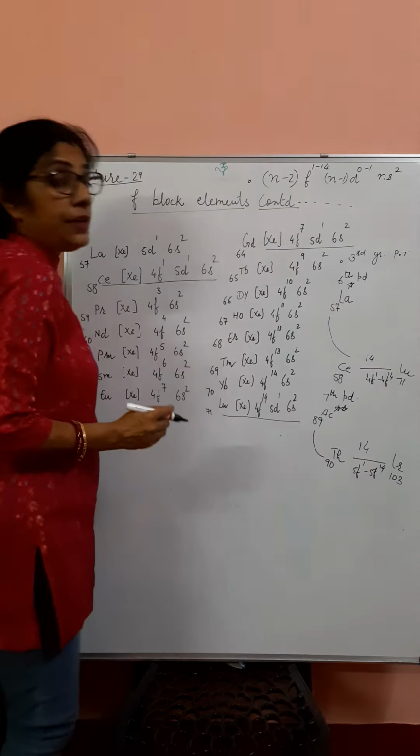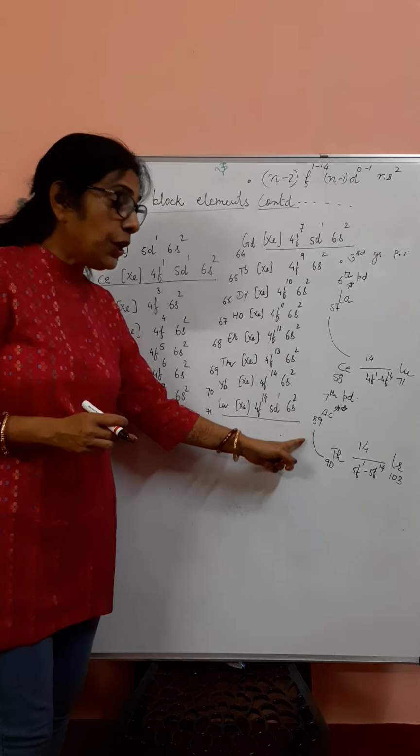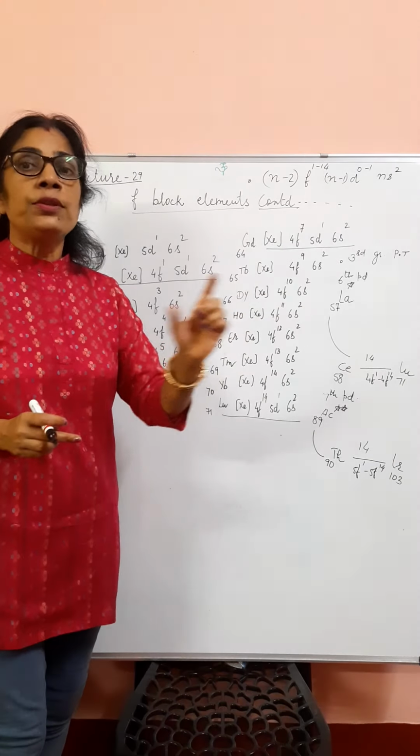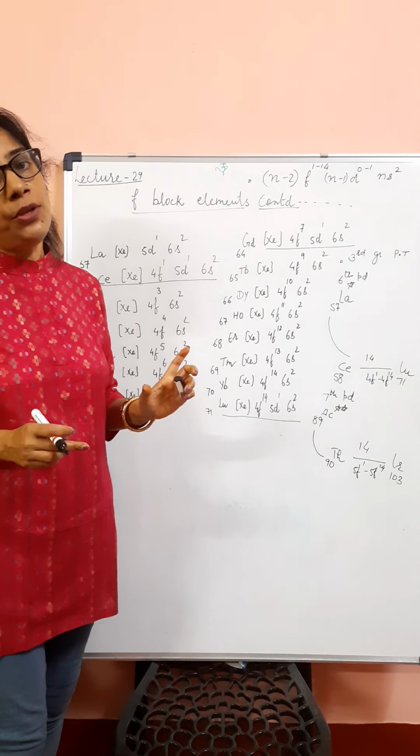So both the series contain 14 elements each. Now they are known as inner transition elements. D block elements were transition elements, and these F block elements are known as inner transition elements. They comprise lanthanoids and actinoids. Lanthanoids belong to the 6th period, actinoids belong to the 7th period. They both belong to the third group of the periodic table.